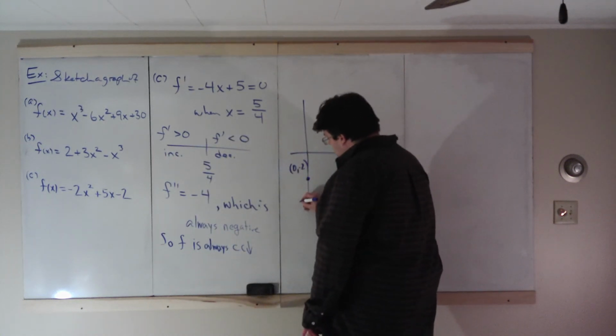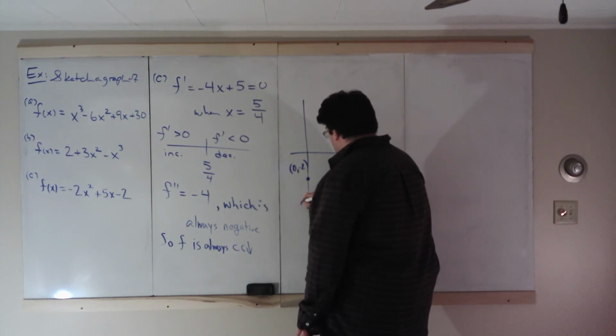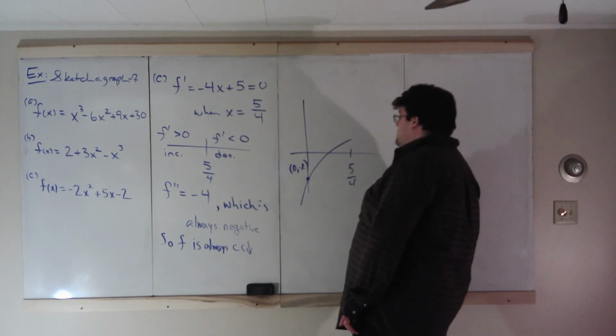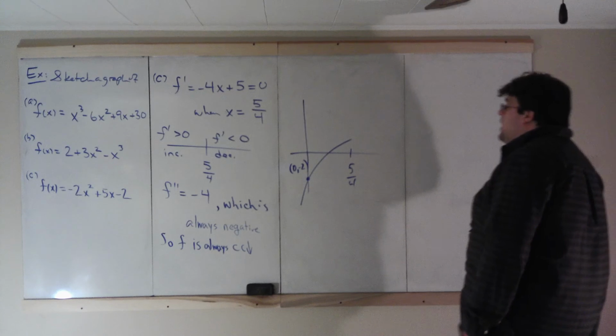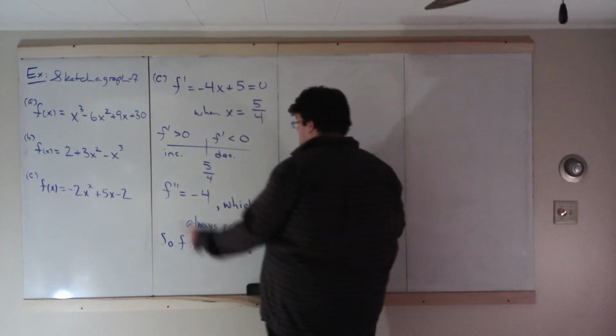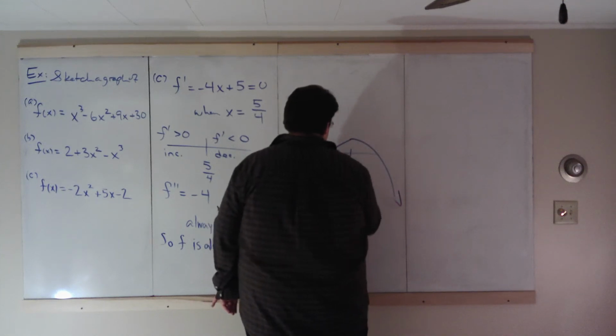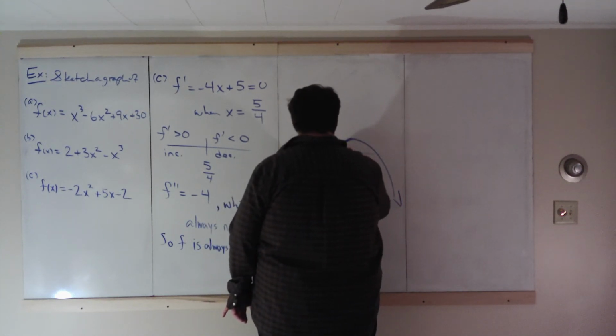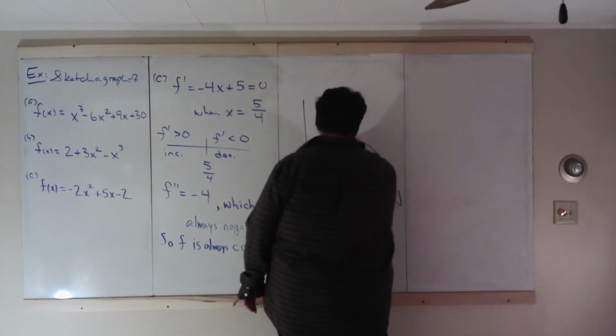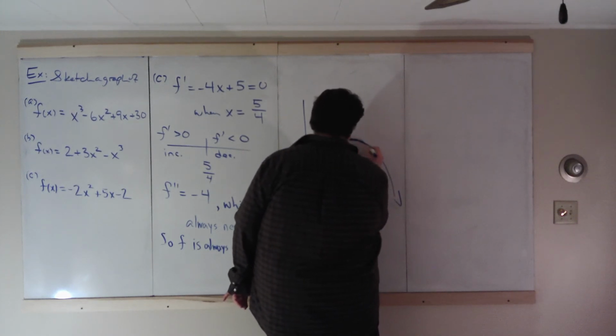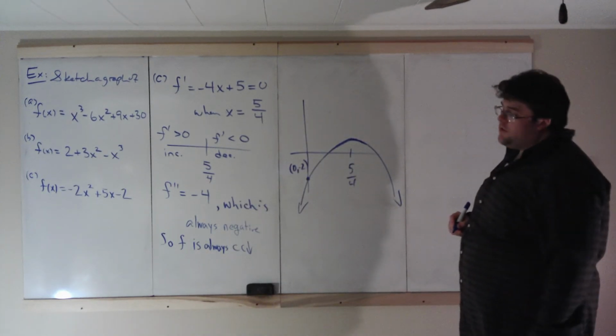It goes through this point, so it'll look like this. And on 5/4 to infinity, decreasing, concave down. Let's smooth that out a little. Decreasing, concave down, so it looks like that.